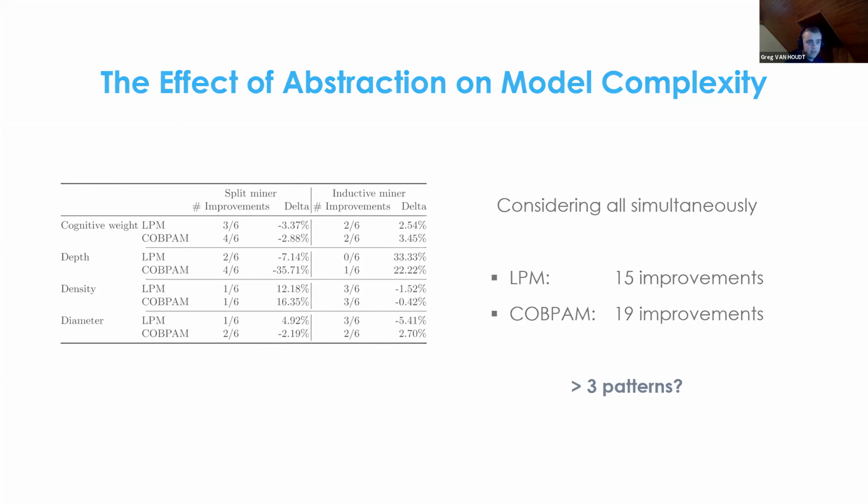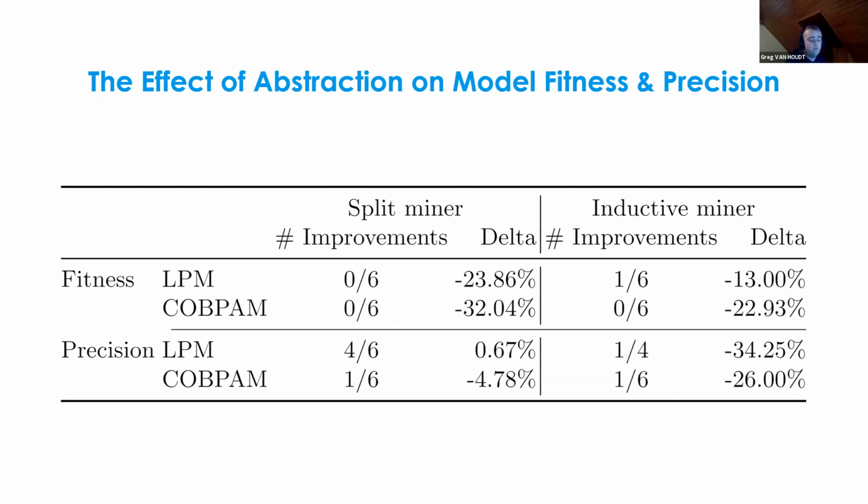And when talking about fitness and precision, we have very clear results here, but again, not really the results that we were hoping for. In the sense that when we take a look at fitness, in combination with the split miner, there was no increase. When it's about the inductive miner, only once. And for precision, inductive miner 2 times.